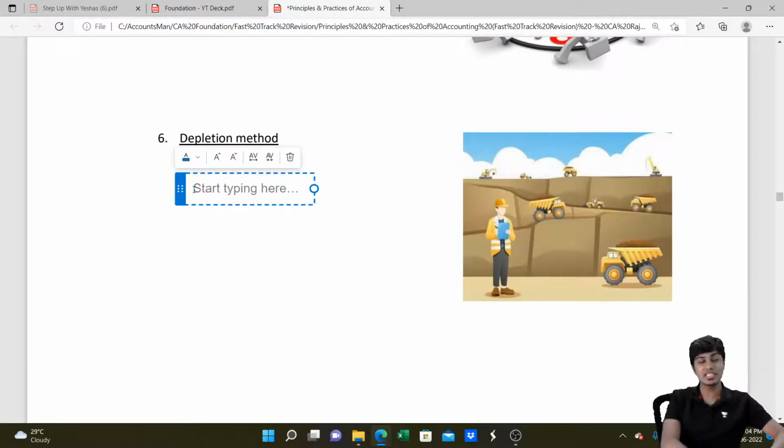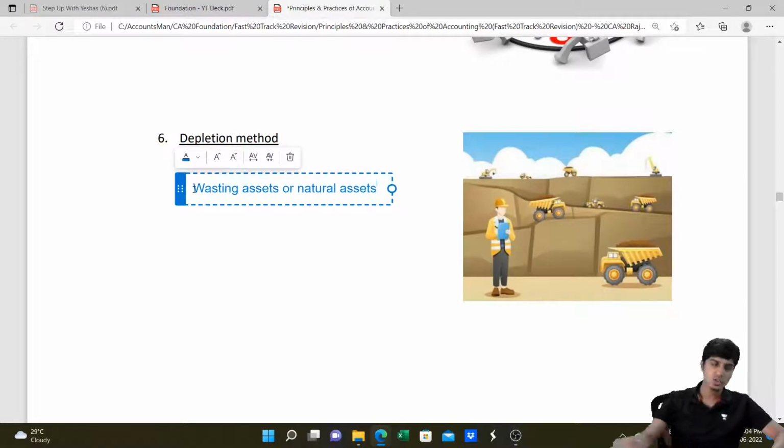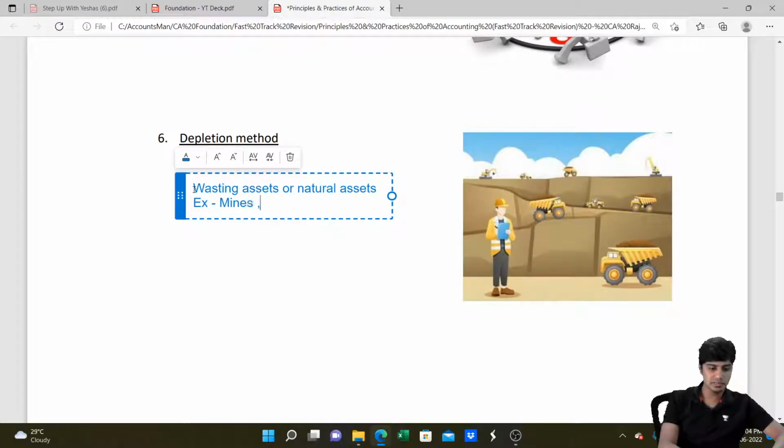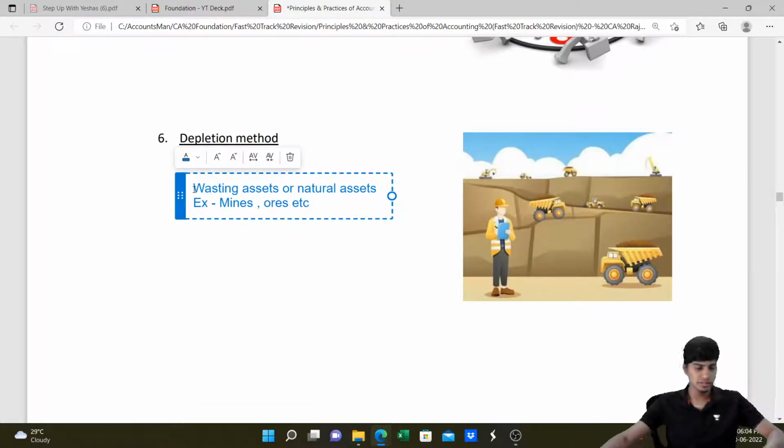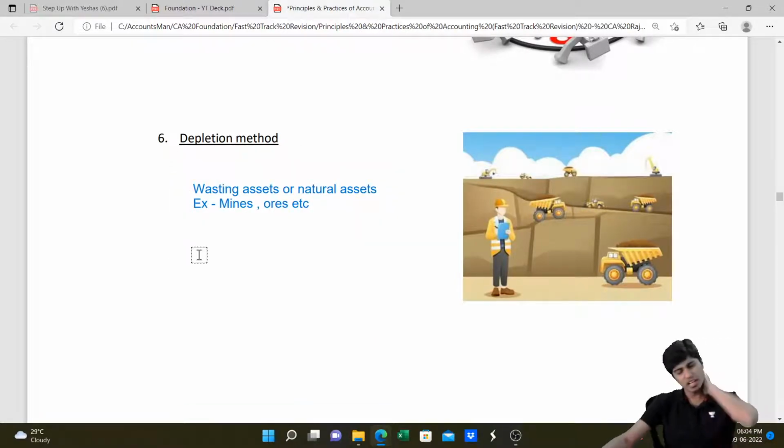The depletion method is something very similar to what we discussed under the production units method, except for the fact that this is a method dedicatedly kept aside for wasting assets, or what we call natural assets. So this method is used to depreciate such items. Examples: mines, ores, oil wells, coal ore, gold ore, or a stone quarry.